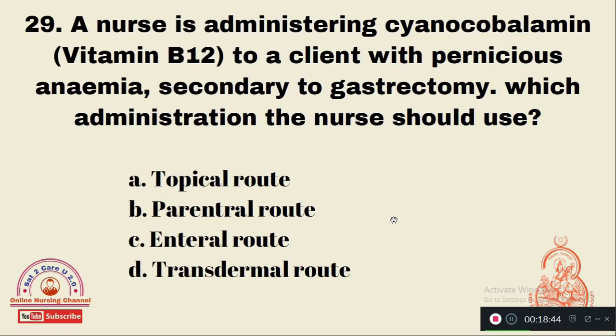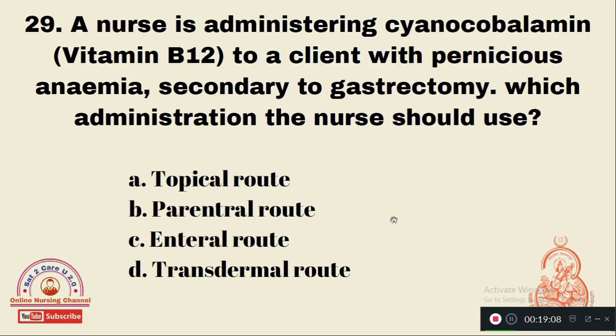Question number 29. A nurse is administering cyanocobalamin, vitamin B12, to a client with pernicious anemia secondary to gastrectomy. Which route of administration should the nurse use? Option A, topical route. Option B, parenteral route.